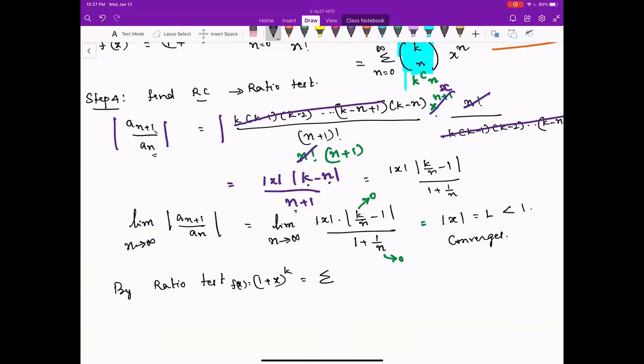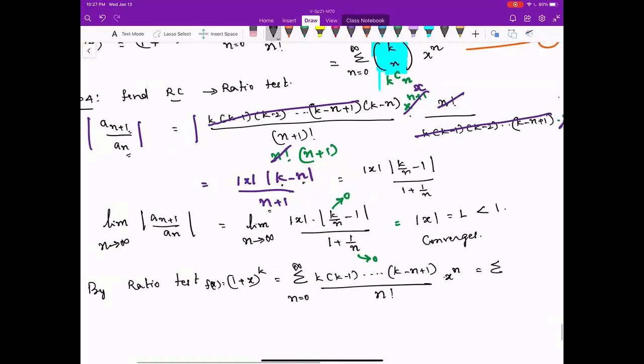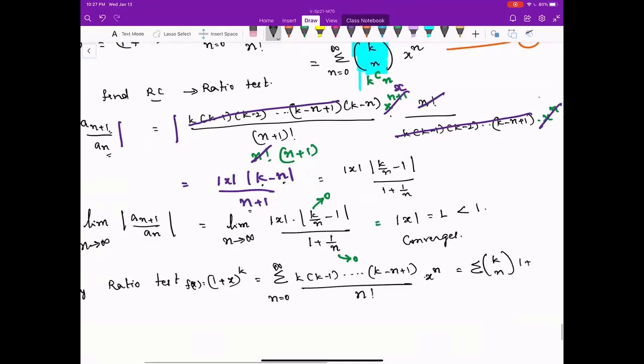It is k chosen n, or in the expanded form k times (k minus 1) and so on up to (k minus n plus 1) over factorial n, times x to the power n. Another representation is k chosen n in parentheses, 1 plus x to the power n.